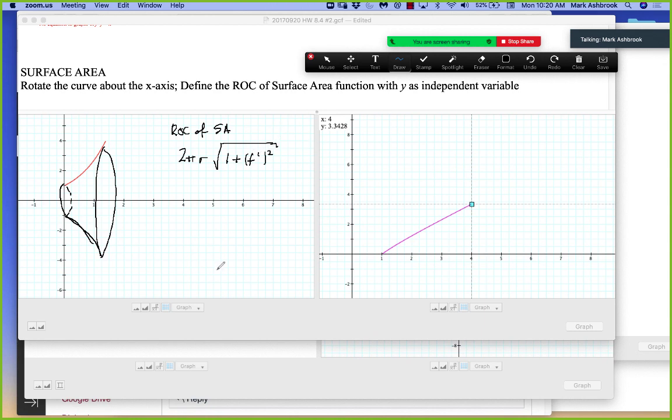So that's our generic form for the rate of change of surface area. So really the biggest challenge to this is determining r. What is r? Okay, r is the radius of our frustum, which I'm calling ribbons. Okay, so r is the radius of a frustum or ribbon.